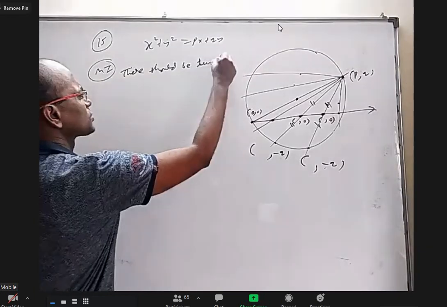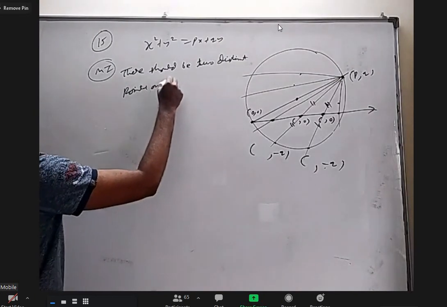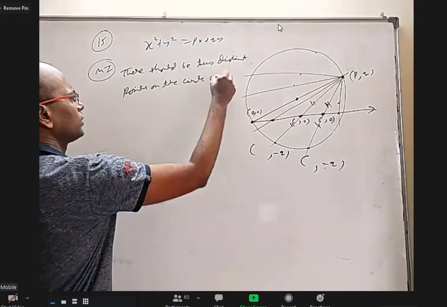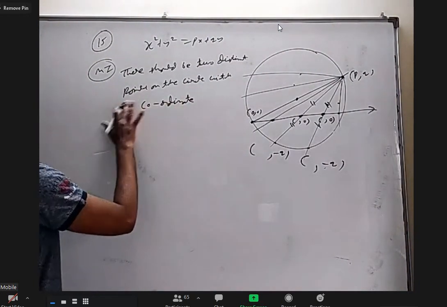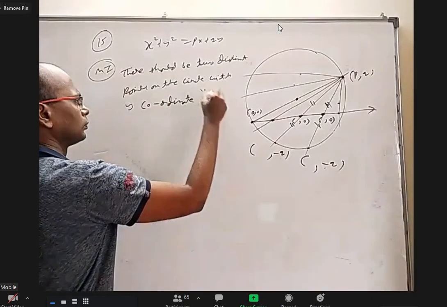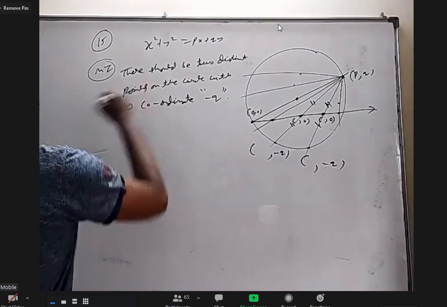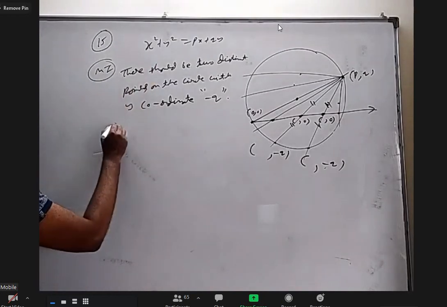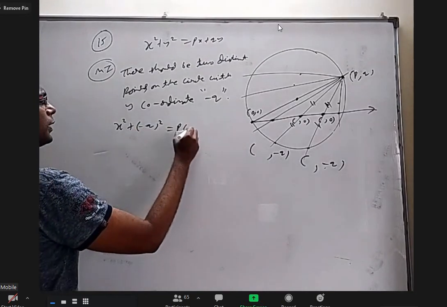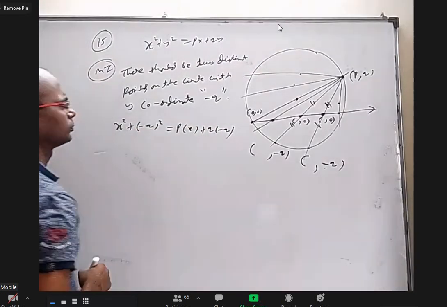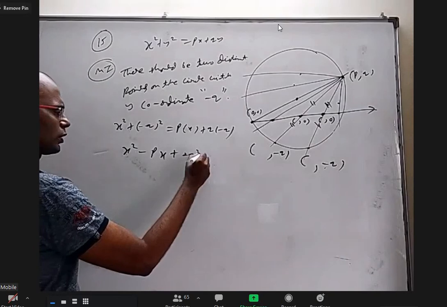So there should be 2 distinct points on the circle with y-coordinate minus q. When I put y equal to minus q in x square plus (y minus q) whole square equal to px plus qy, that is x square minus px plus 2q square equal to 0.